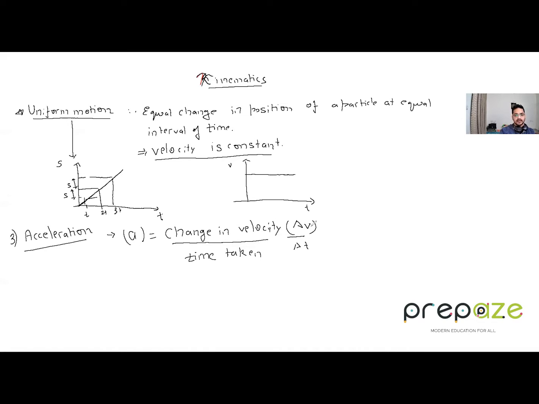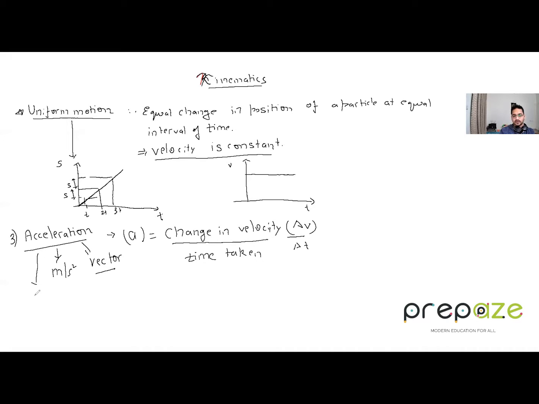What will be the unit? Since delta v is in meters per second and time is in seconds, the unit will be meter per second squared. And since velocity is a vector quantity, acceleration is also a vector quantity. That is, both magnitude and direction need to be taken care of. So this was acceleration.